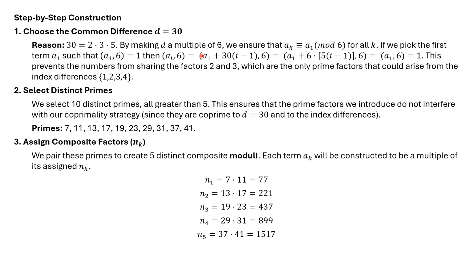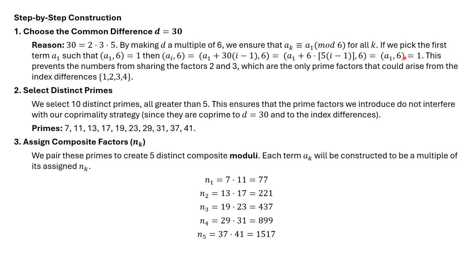If we pick the first term a sub 1 such that the GCD of a sub 1 and 6 equals 1, then for the GCD of a sub i with respect to 6, we just plug in the definition of a sub i. We get this here. Then we can factor a 6 out, and then we use the Euclidean algorithm to say that this equals this here.